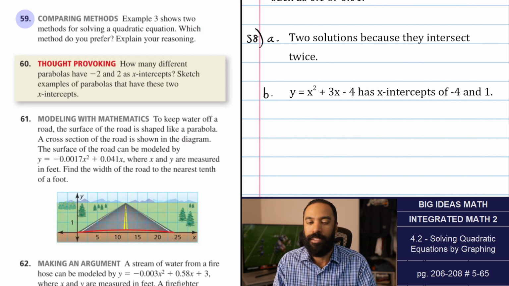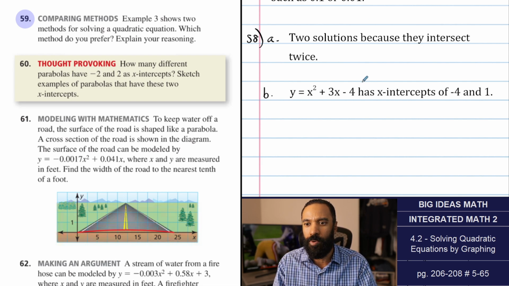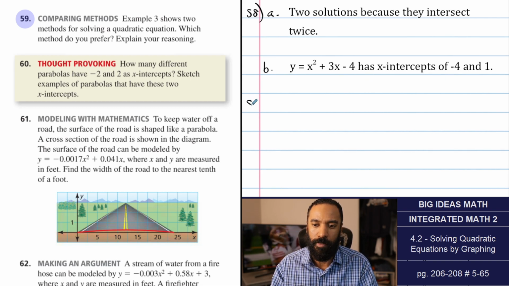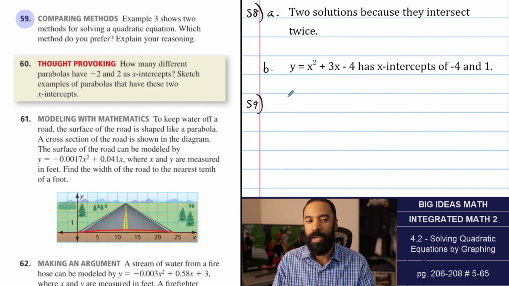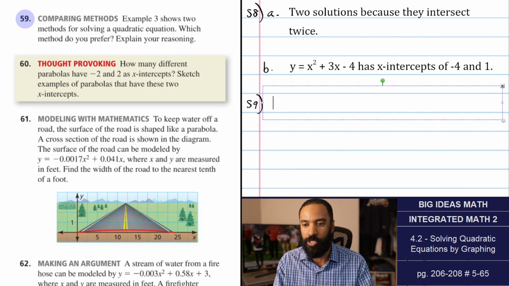Okay, number 59. Example 3 shows 2 methods for solving a quadratic equation. Which method do you prefer? Explain your reasoning. Well, I guess I prefer the first method here. So, method 1 is where you set it in standard form equal to 0.